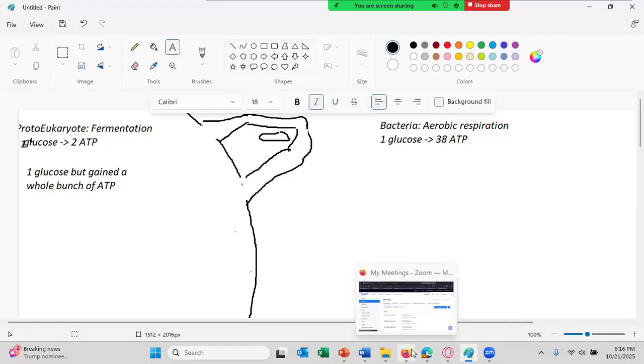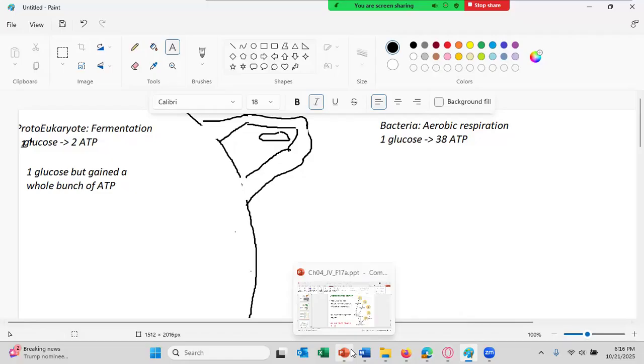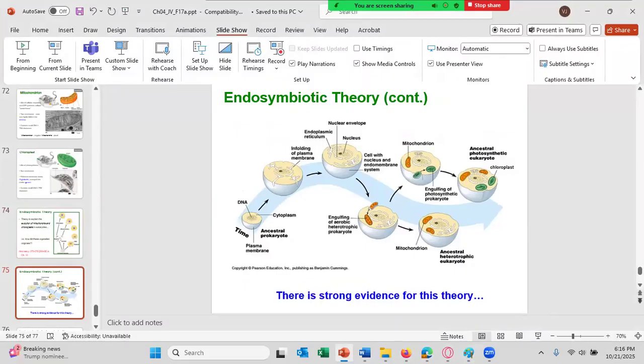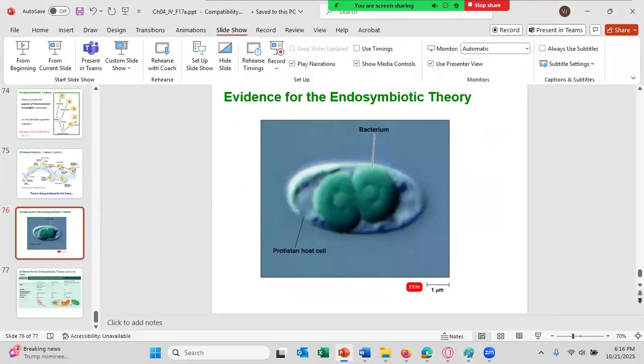So what evidence do we have to support this theory? First, we have some eukaryotes, which are protists, which are simple eukaryotes, that would actually engulf a bacteria.